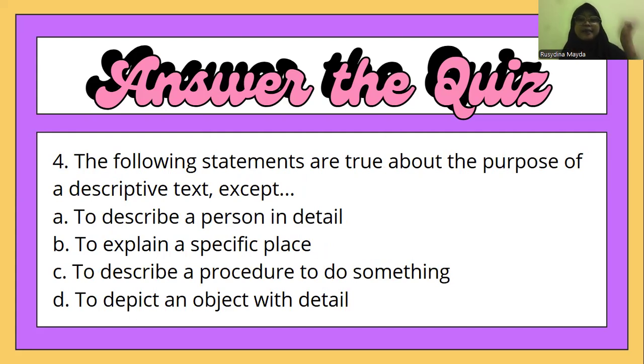Next question, number 4. The following statements are true about the purpose of a descriptive text, except A. To describe a person in detail. B. To explain a specific place. C. To describe a procedure to do something. And D. To depict an object with detail.